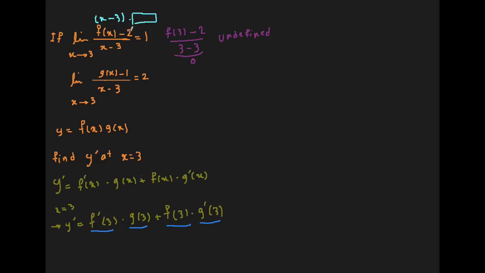What we can use here is that if the numerator has this factor, then at point x equal to 3, the value of the numerator would be 0, because you put 3 here and 3 minus 3 is 0. So f of 3 minus 2 is 0.